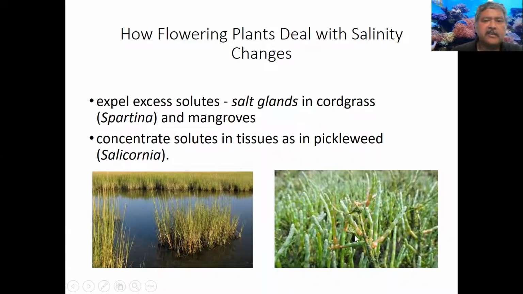And then over here you have the pickleweed, and the pickleweed concentrates those solutes, which are the salts, in the tissues. Okay, so now, especially if it lives in a very salty area, it would take up more solutes, so that the internal and external concentrations are about the same.